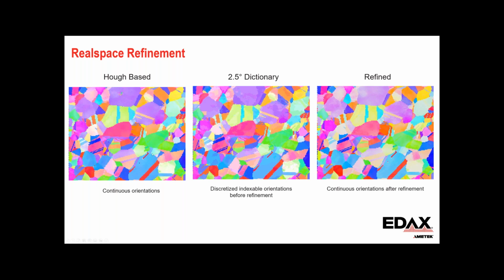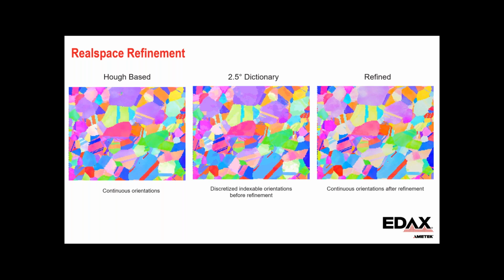So on the left here, I'm showing what you were used to seeing for a Hough indexed data set. And then in the middle is if you index with the 2.5 degree spacing of a dictionary, and then don't do any refinement, you can see you get this blocky appearance because you only have discrete orientations that you're allowed to assign.